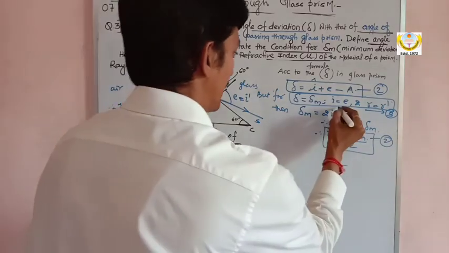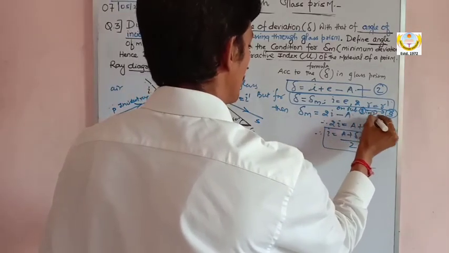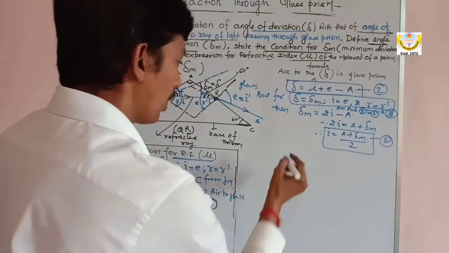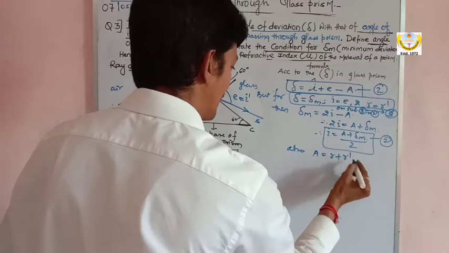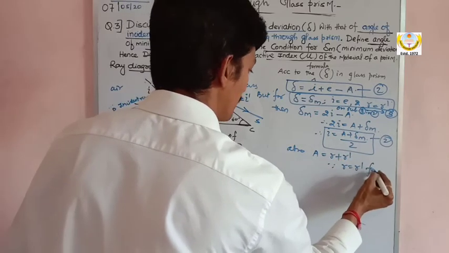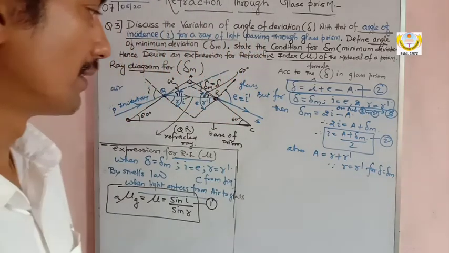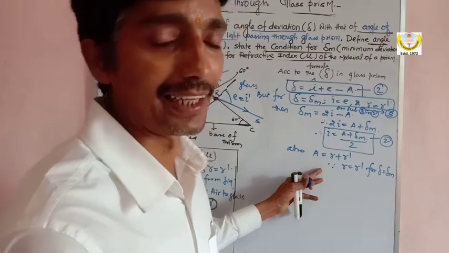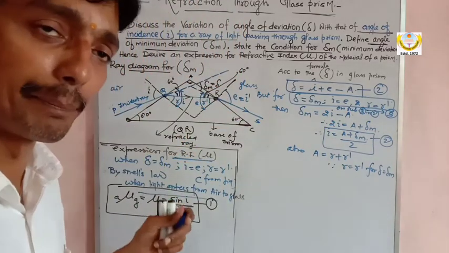On substituting 3, we get this. Also, A is equal to R plus R dash, since R is equal to R dash for delta equal to delta M. Don't write in your condition that R and R dash are equal, because I and E are equal, so R and R dash will be equal. Don't write the repetition.